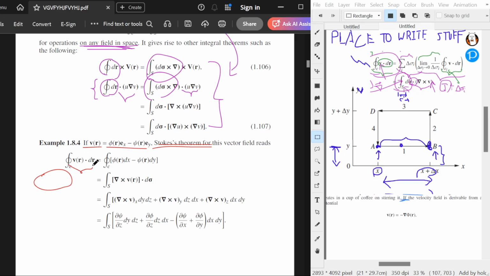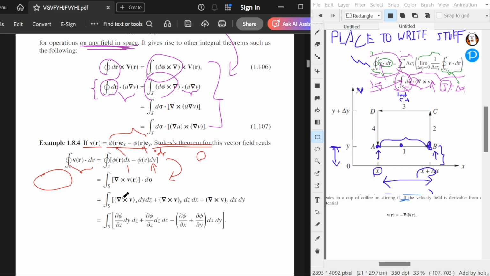So we have this. This dot dr. There's no z component, so that's 0. The components are dx and dy, and this makes sense. Now we apply Stokes' theorem to change this into a surface integral.